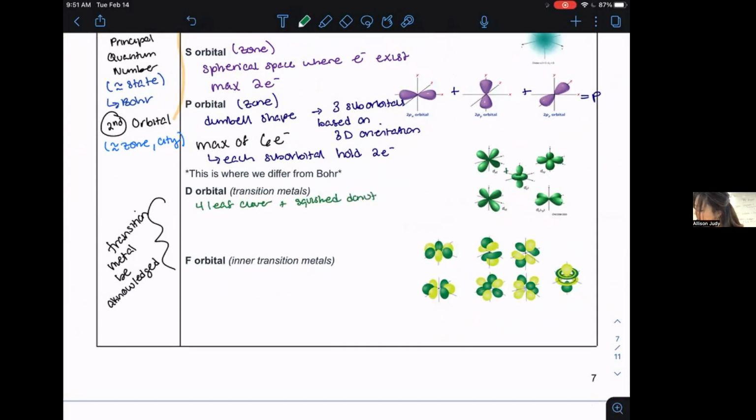So it's this plus this plus this plus this together equal the d orbital. So what do you see? It has 5 subshapes or suborbitals, based on shape and 3D orientation.